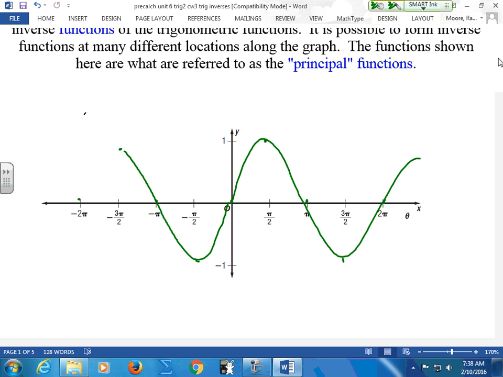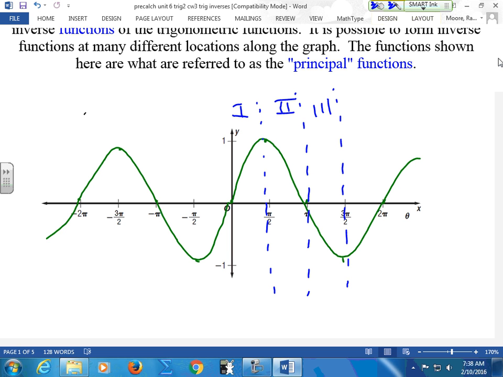I'm going to separate your sine curve into quadrants. This is quadrant 1 from 0 to 90. This is quadrant 2. This is quadrant 3. This is quadrant 4.